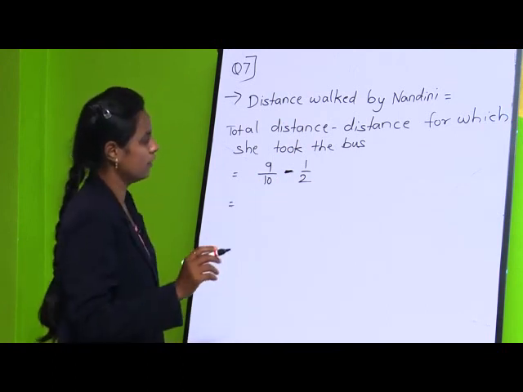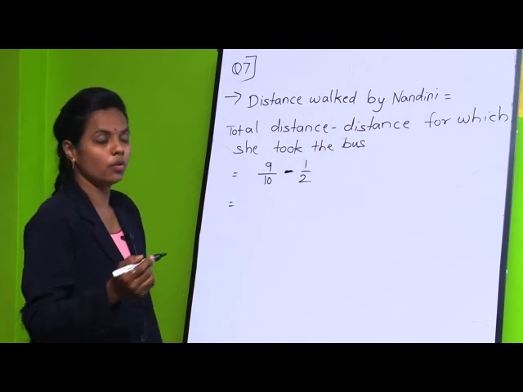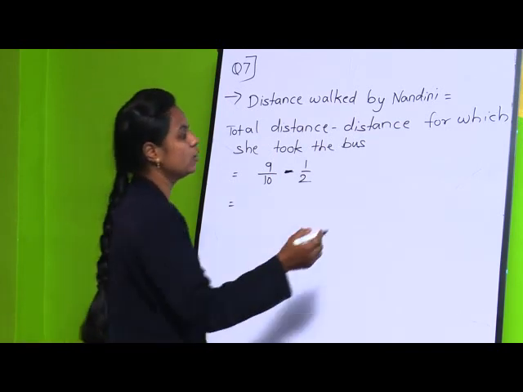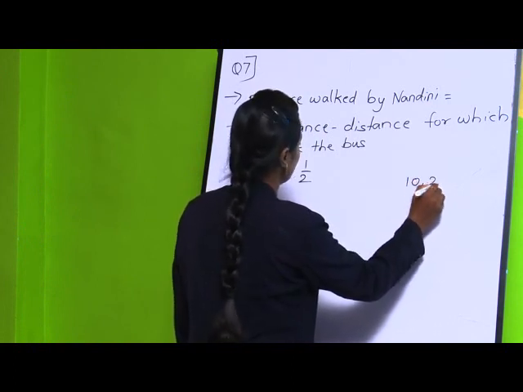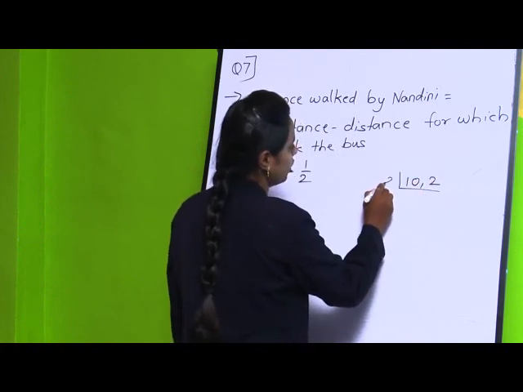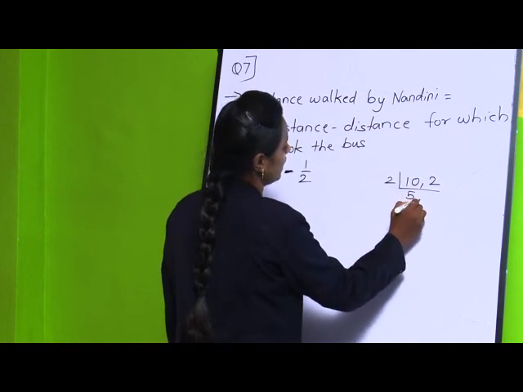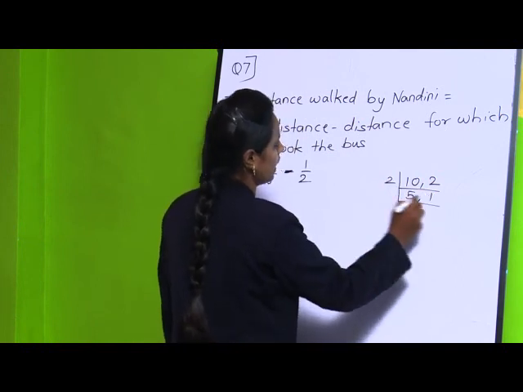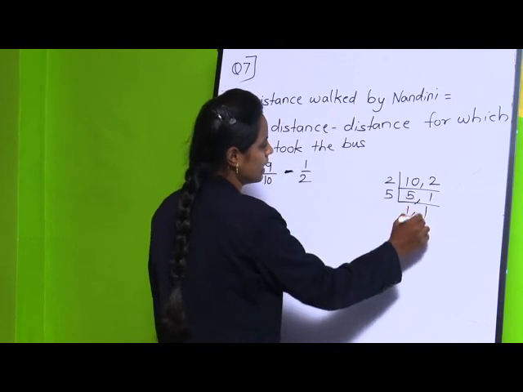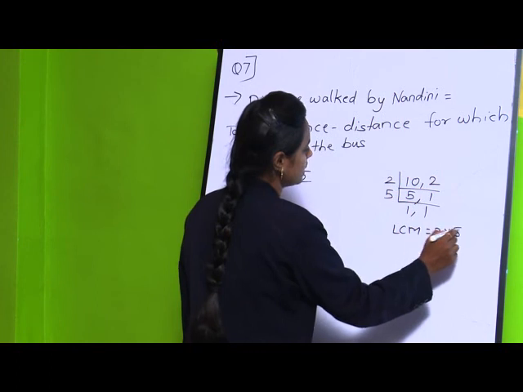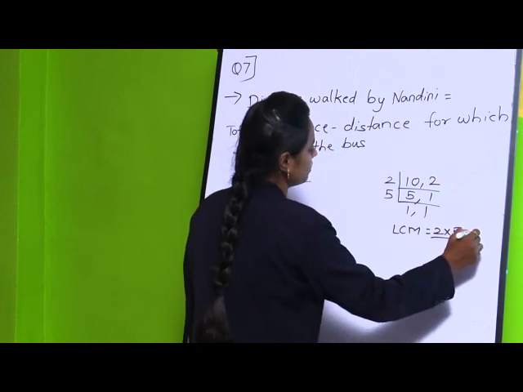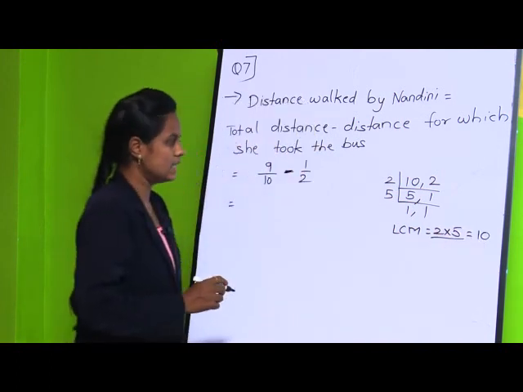Now we have different denominators, so we need to convert it into like fractions first. 10 and 2, so we have again 2, 2 5s are 10 and 2 1s are 2. Again we have 5 here, 5 1s are 5. So LCM, that is 2 into 5 is equal to 10. 10 is the LCM.